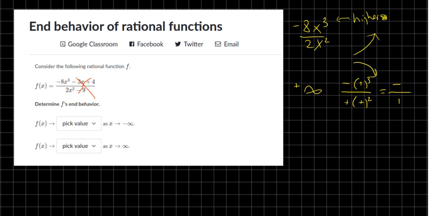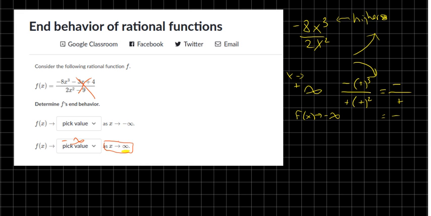So in the end, we end up with a negative number. So if x is approaching positive infinity, then f of x is going to approach negative infinity. That's this one down here.